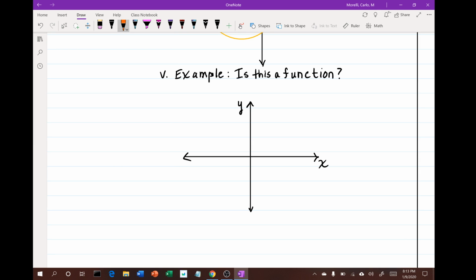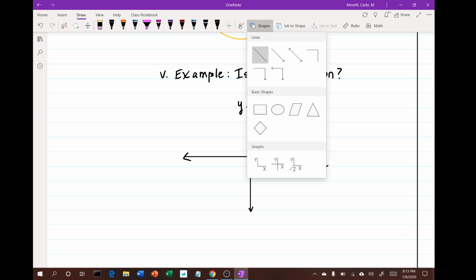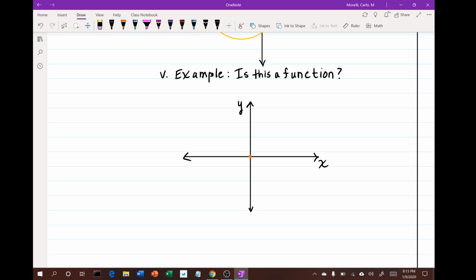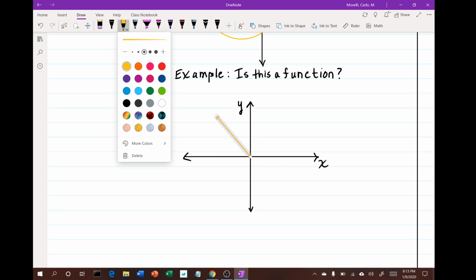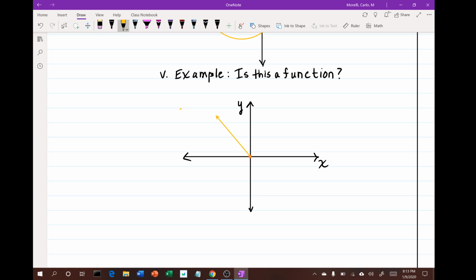All right, so here's absolute value. Oops. Well, I want that point to be visible.